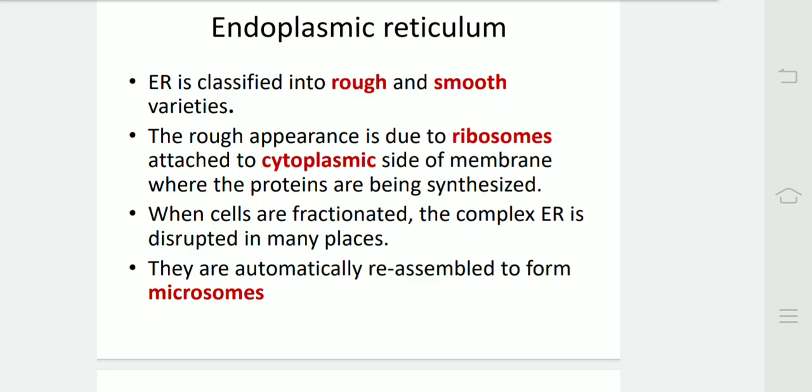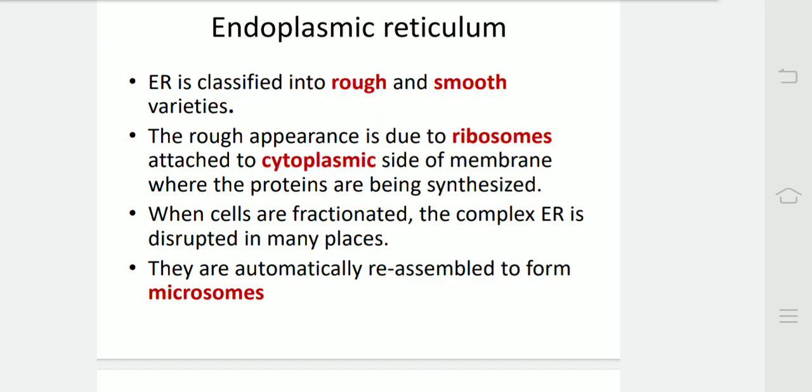According to the electron microscope, the ER is classified into rough and smooth varieties. The rough appearance is due to the attachment of ribosomes to the cytoplasmic side of the membrane, which is where the proteins are being synthesized.